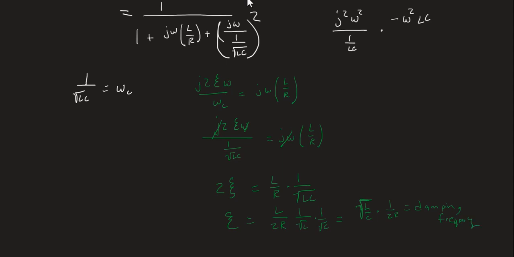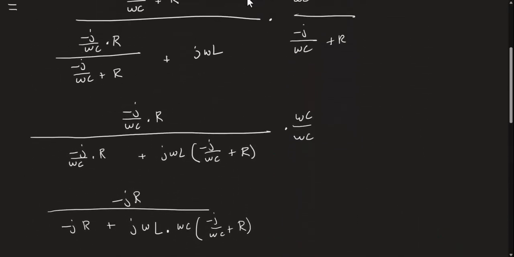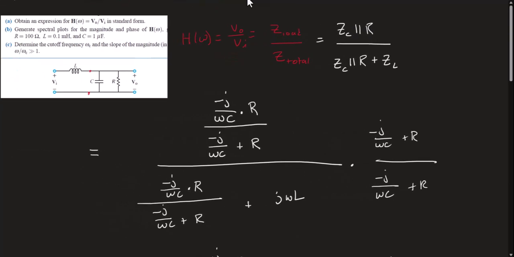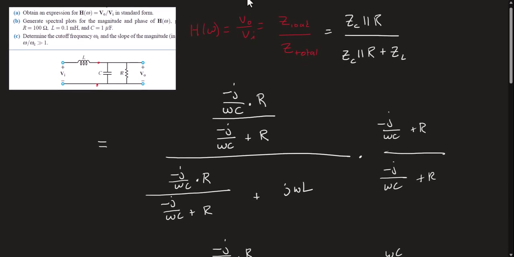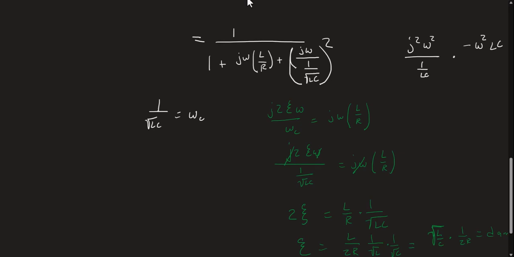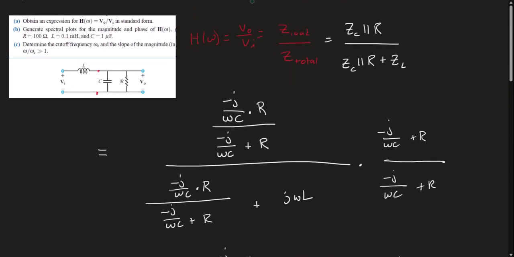And then our corner frequency was 1 over square root of LC. Now what were our actual numbers here? L is 0.1 milli and C was, no, just 1 micro, and R was 100.